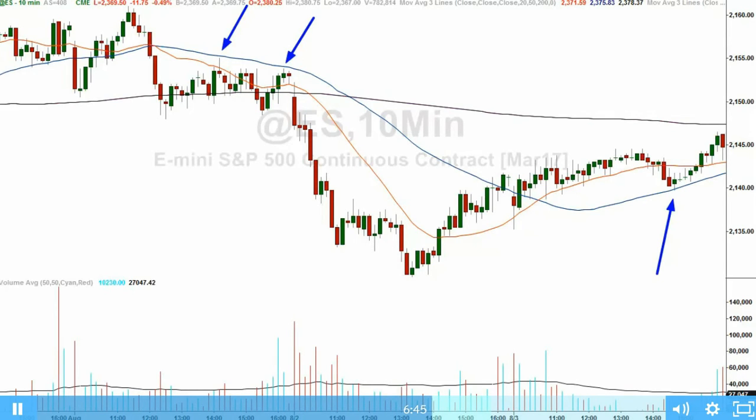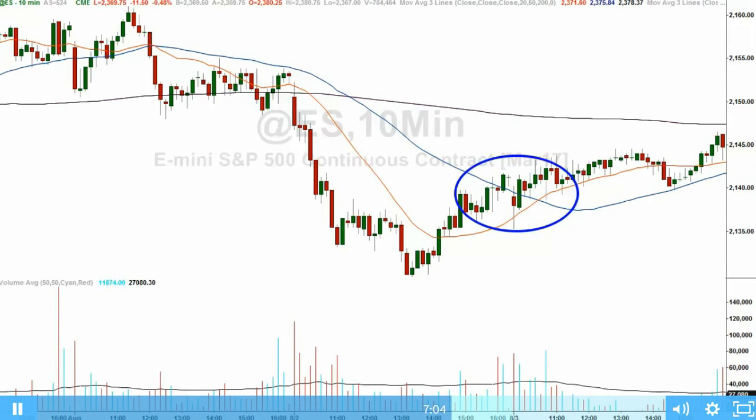And then, of course, there are times when we're going to be trading either above or below the moving average, and the market's going to want to get either above or below the moving average. Here's an area where the market was in an uptrend, came into the 50-period moving average, and fought its way through.